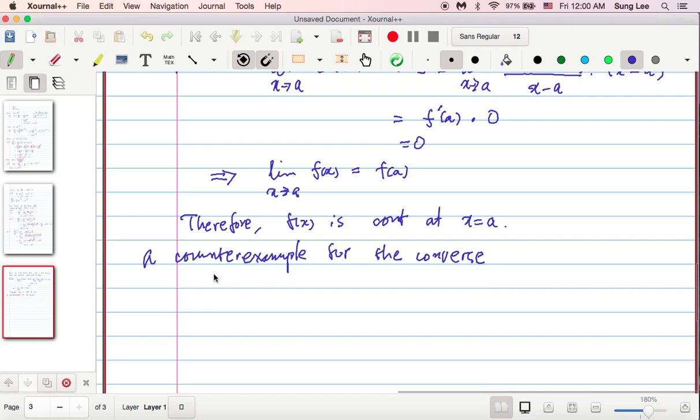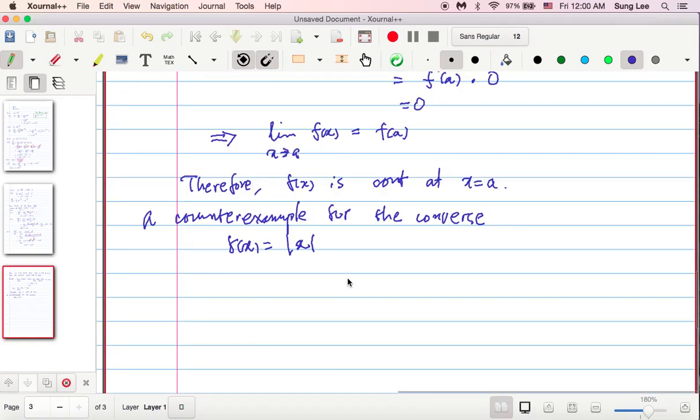So my counterexample in this case is f of x equals the absolute value of x. Well, you see the graph of the absolute value of x, right? Let me try to draw.